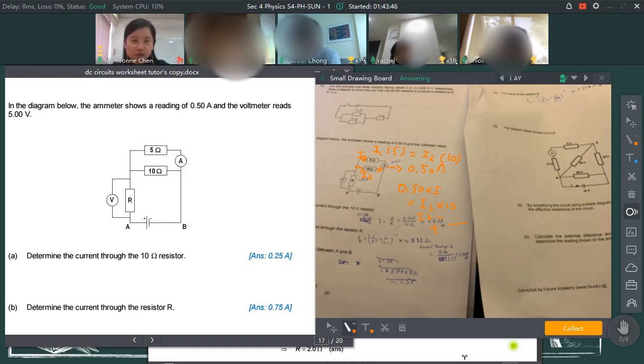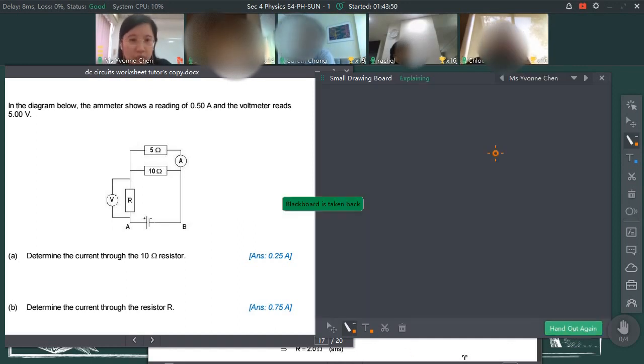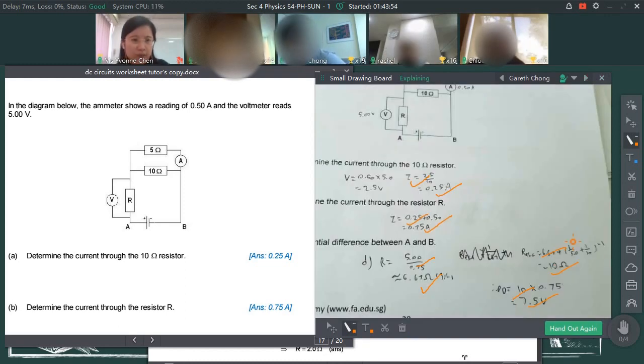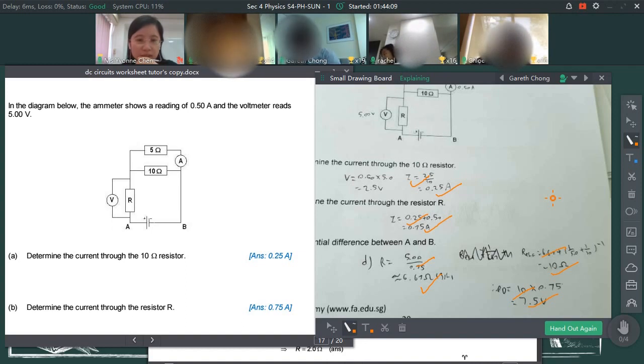Okay, class, I'll show you the work. I'll collect back the small writing board and I'm going to show you the working from Gareth. Okay, please take a note. You can look at here now. Okay, this is his working. Actually, for part C and part D, he did part D first. He finished part D, which is the total resistance of the circuit, first.